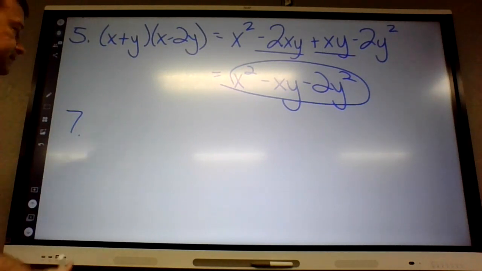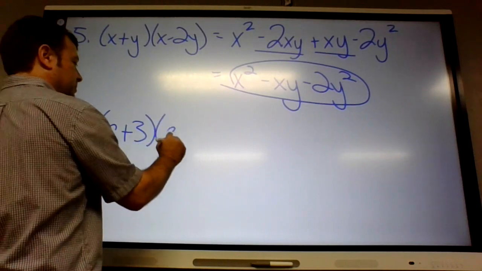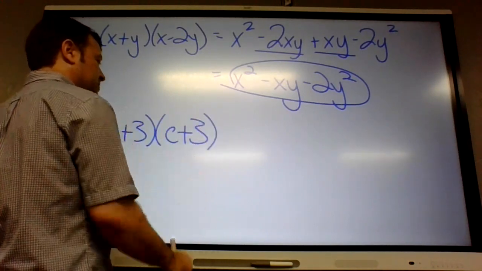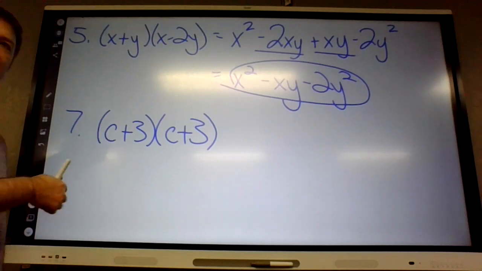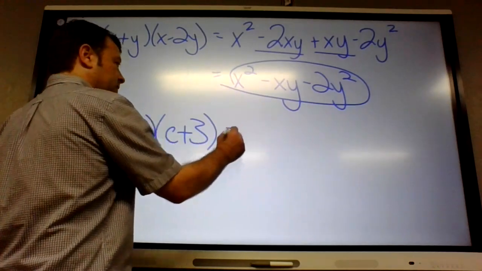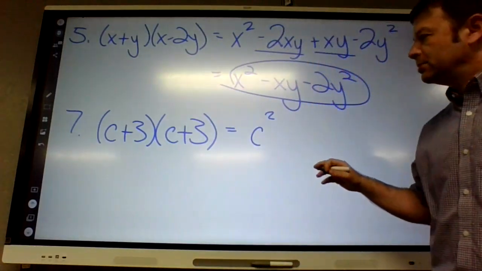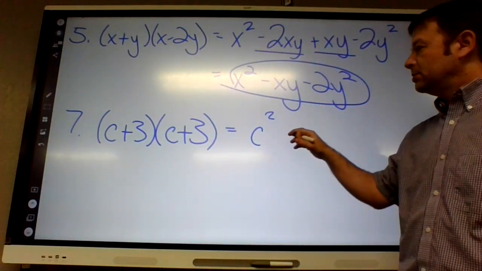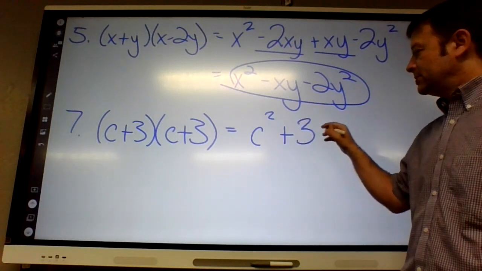Number 7. You guys know what another way of writing c plus 3 times c plus 3 is? c plus 3 squared, yeah. It's that times itself. Alright, Hope, what would the first be on this one? Outside? 3c.